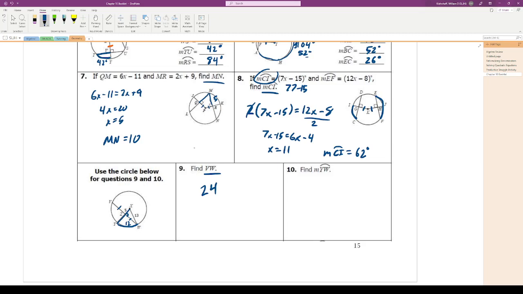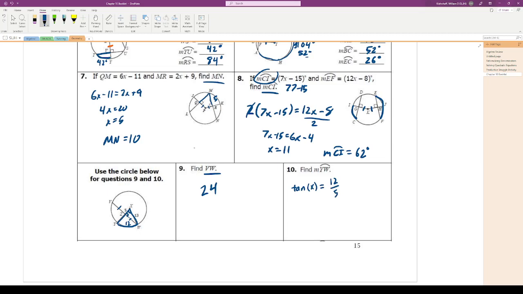But what I see is this central angle is equal to measure of arc YW. So I think I would probably just plug this in the calculator to find measure of angle X, this central angle. And since I know all the sides of the right triangle, I could use any of my trig ratios. I'm going to just pick tangent and say tangent of X is equal to 12 over 5.